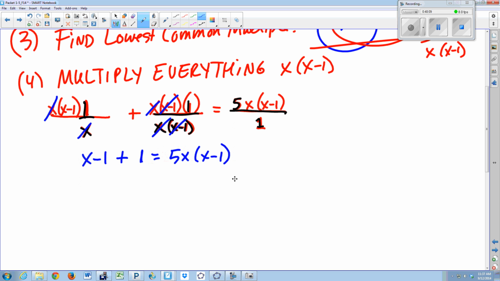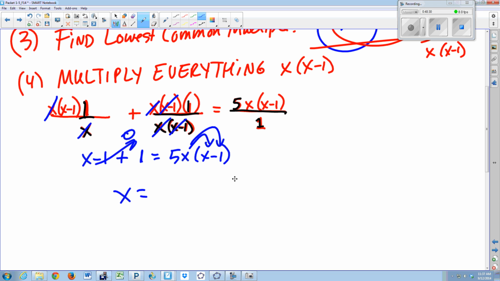Now you have this equation to solve. So let's do it. What's the left side reduced to? X take away 1 plus x. What's that become? X, because this just goes to 0. We get x. Now we have 5x times x minus 1. So I'm going to use my nice little distributive property. No negatives out front that I've got to worry about changing signs.